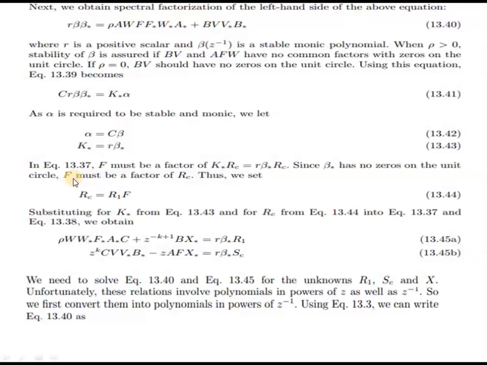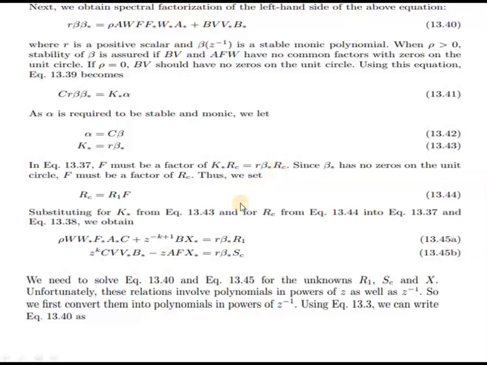From these two conclusions we can say that f must be a factor of rc, because f has zeros on the unit circle and beta star has no zero on the unit circle. Therefore f is not a factor of beta star, so f is a factor of rc.